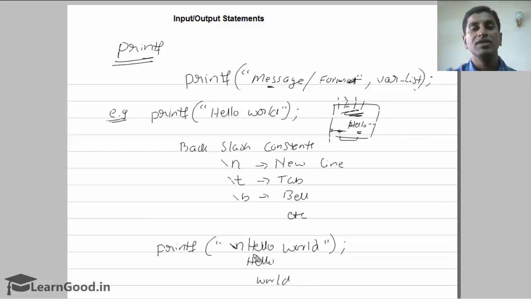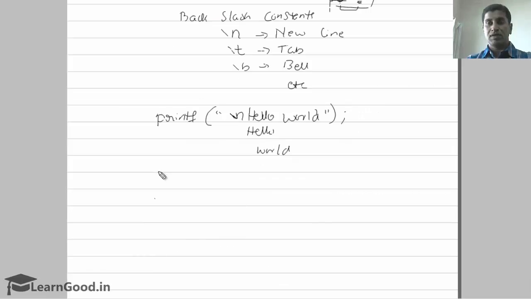you can give it as printf. You give a \n, which will bring the cursor to the new line, and then display hello. Then after that, you want to display world in the next line. So once again, you give your \n and then give your world.